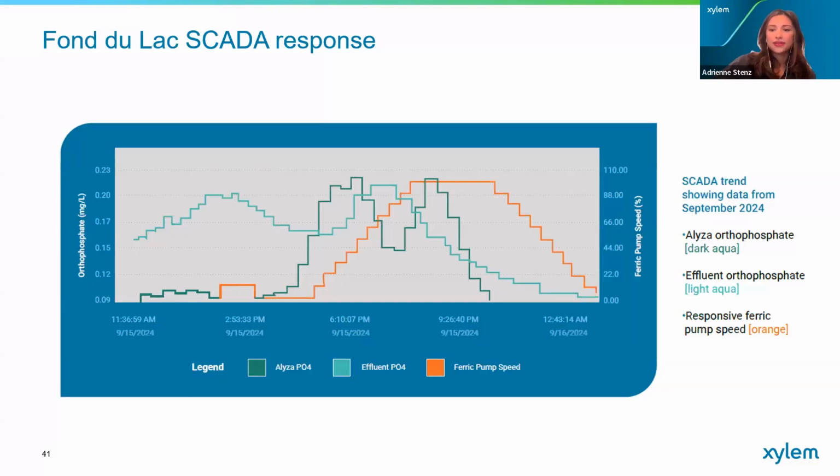But then the Alyza reading rises again temporarily, which can happen maybe because ferric is not fully mixed throughout the flow stream, or because incoming PO4 loads may still be entering the system faster than the chemical dose can compensate. Eventually, the ferric fully reacts and mixes throughout the system, and we see the Alyza PO4 drop again and stay low. Shortly after, the effluent PO4 drops as well, confirming the system-wide phosphorus removal.